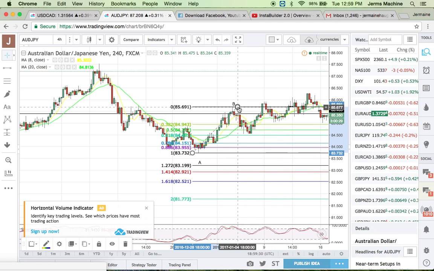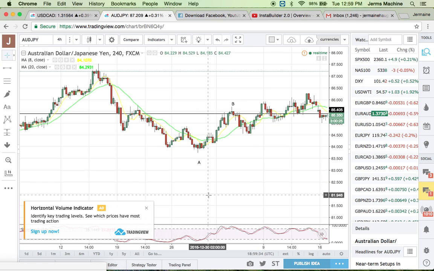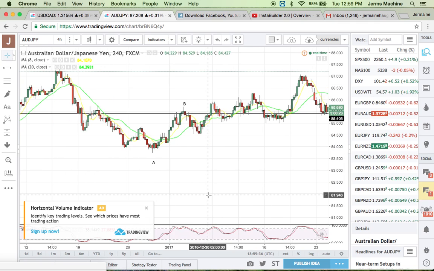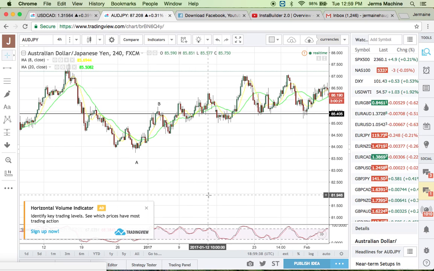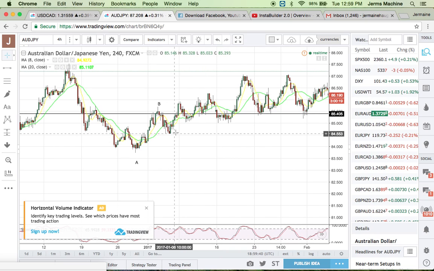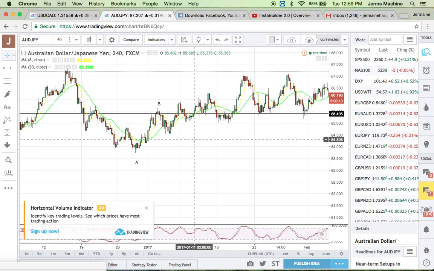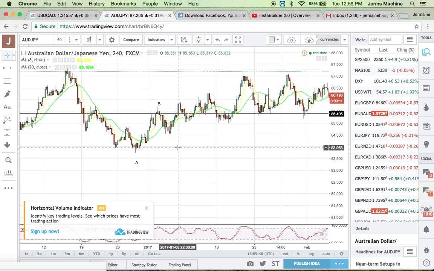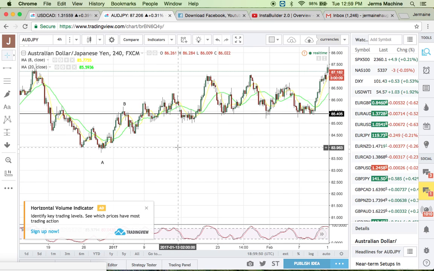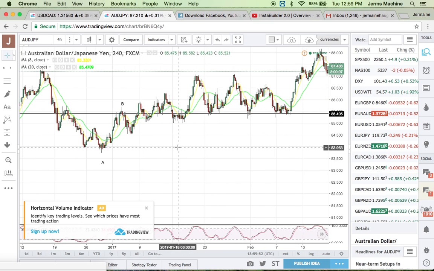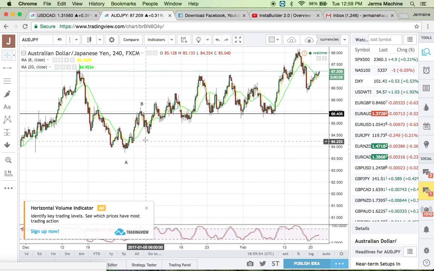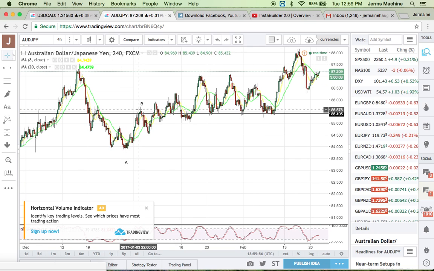Now, that's just the first example. Let's go through a couple so you guys can get used to it. All right. So as you can see, we kept going higher and we never violated this point here. So if you got in, you were good to go. All right, let's take another move, literally any move that goes up from a point A to point B, you can measure.